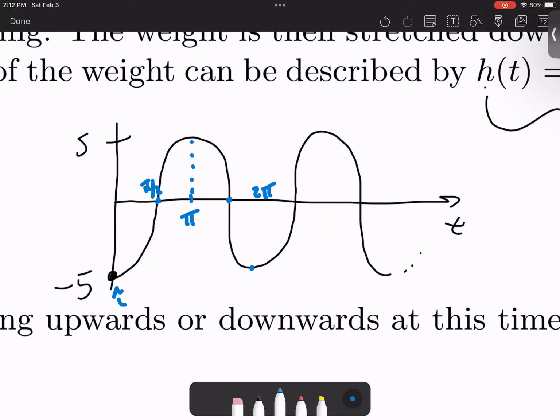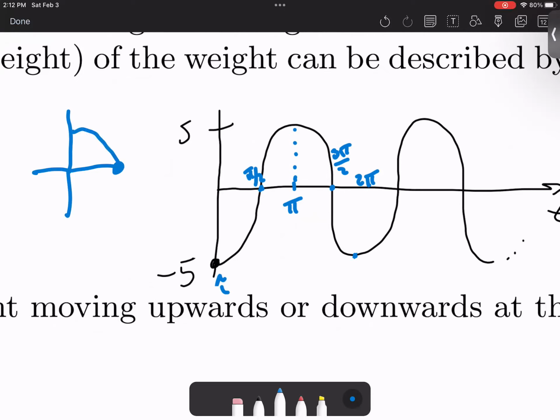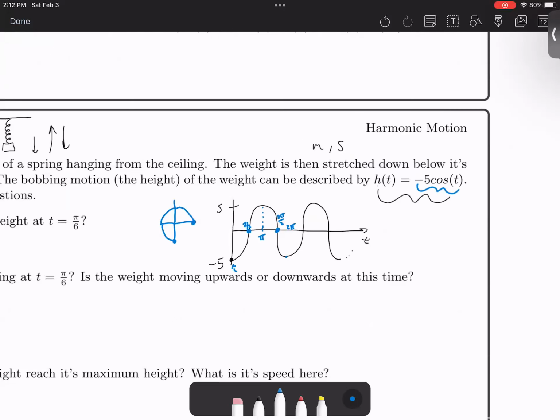And this would be 3 pi over 2, just to give ourselves an idea of what's happening. Right? As you run around that unit circle, at 0, your cosine is maximal. Once you get up to pi over 2, your cosine is 0 right there. And then once you get to positive pi, your cosine again is maximal. And then once you get down here at 3 pi over 2, your cosine is 0. Okay, so the graph looks like that.